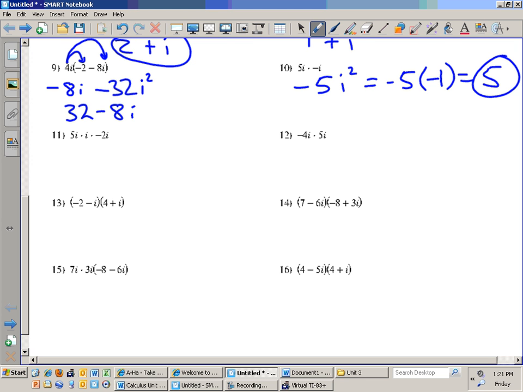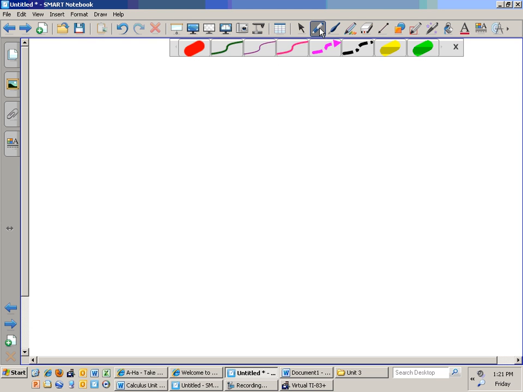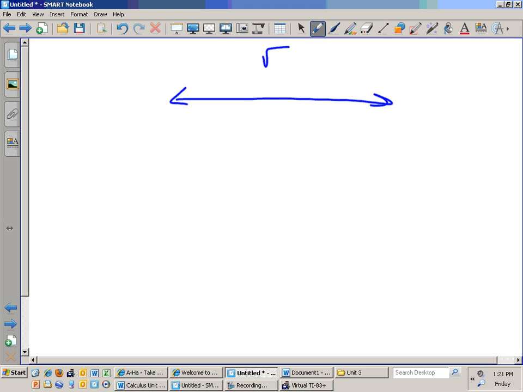I is the square root of negative 1. Now, in every single class, somebody has brought up the point of, is I the same as negative 1? We've talked about it. It takes a while to think it through, but the best way I can bring it to your attention is this. If you have a number line and you take the square root of 1, you can locate it.